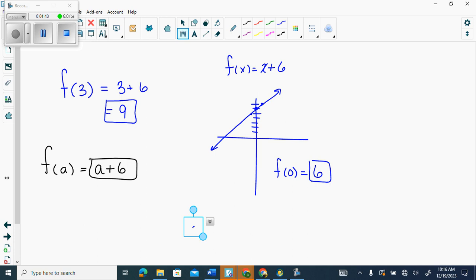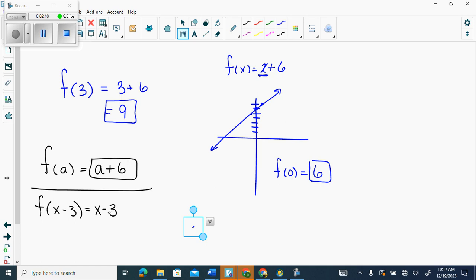So now we get to grade 12. What if I say this? F of x minus 3. X equals x minus 3, right? So this x is going to get ripped off my board, thrown away, and replaced with x minus 3. So I'm going to get x minus 3 in brackets.